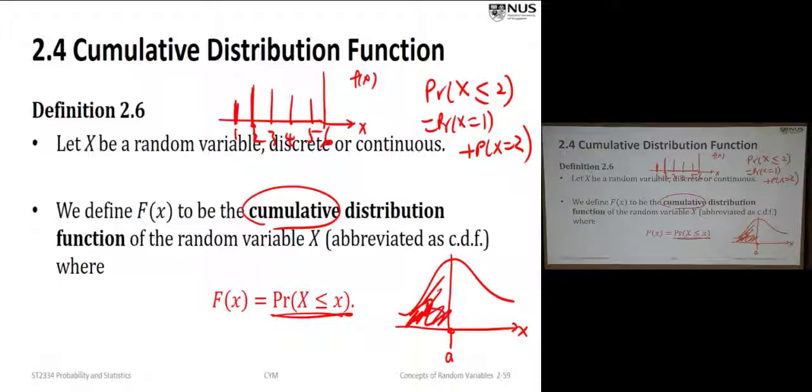This is the definition, and it applies to both discrete and continuous random variables. Cumulative, remember, means you add those probabilities or densities up to the required value x. Any value less than it, we grab it and put it as part of our cumulative distribution function.